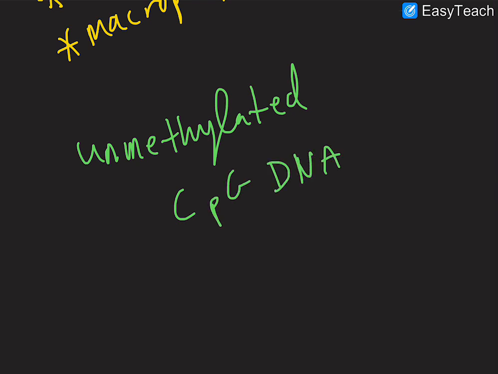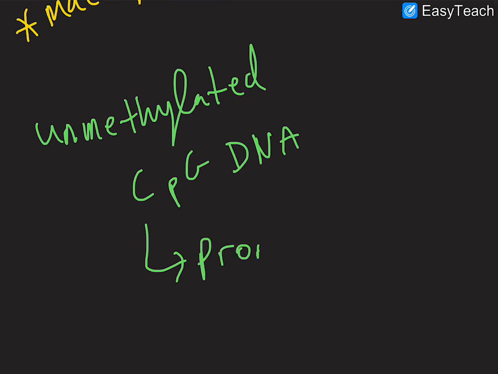CpG DNA is the part of your DNA that's rich in cytosine and guanine. You can see this a lot in certain promoter regions of your DNA, and that's what Toll-like receptor 9 responds to, which would be unmethylated CpG DNA fragments.